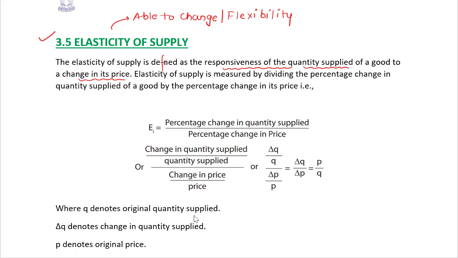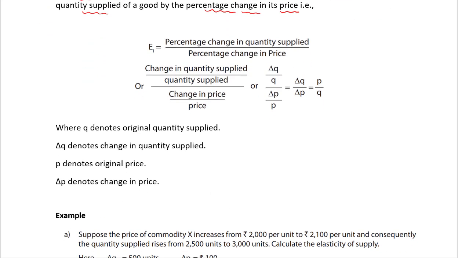Elasticity of supply is measured by dividing the percentage change in quantity supplied of a good by the percentage change in its price. Let's see the formula. Elasticity of supply is the percentage change in quantity supplied divided by the percentage change in its price.